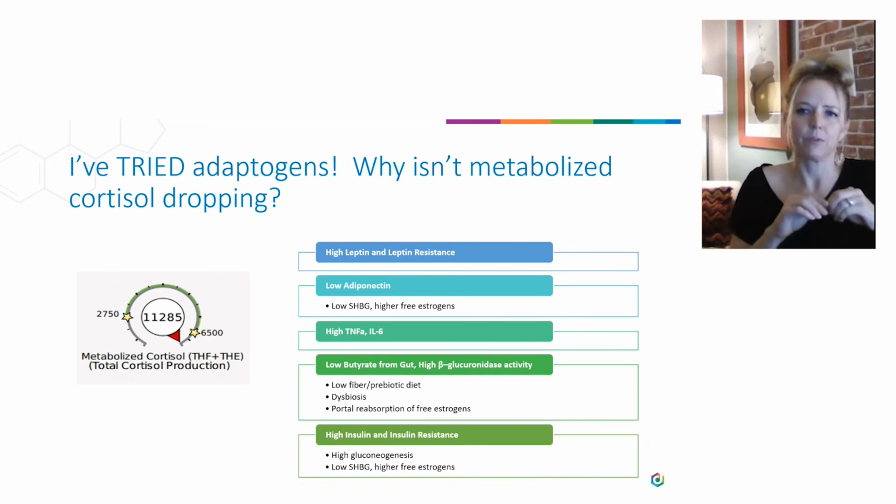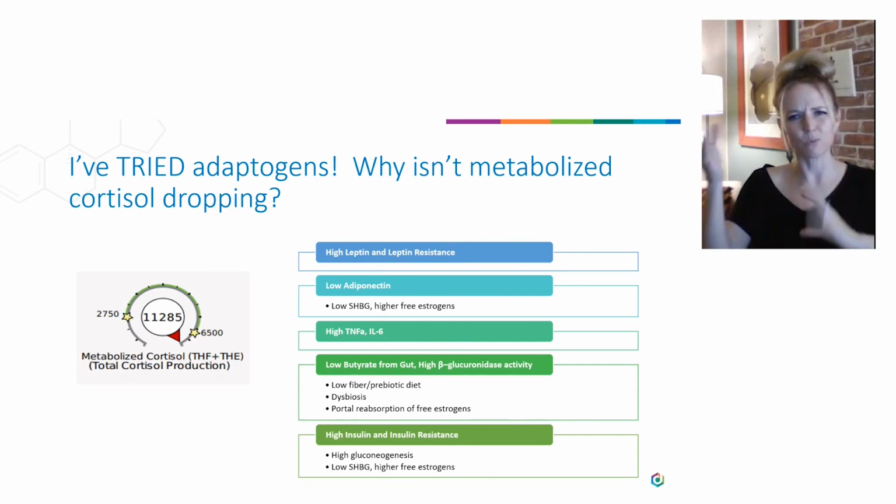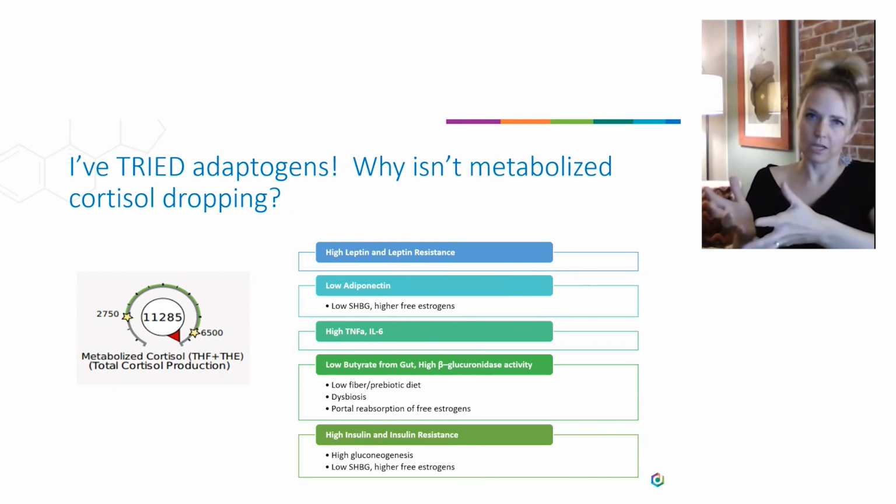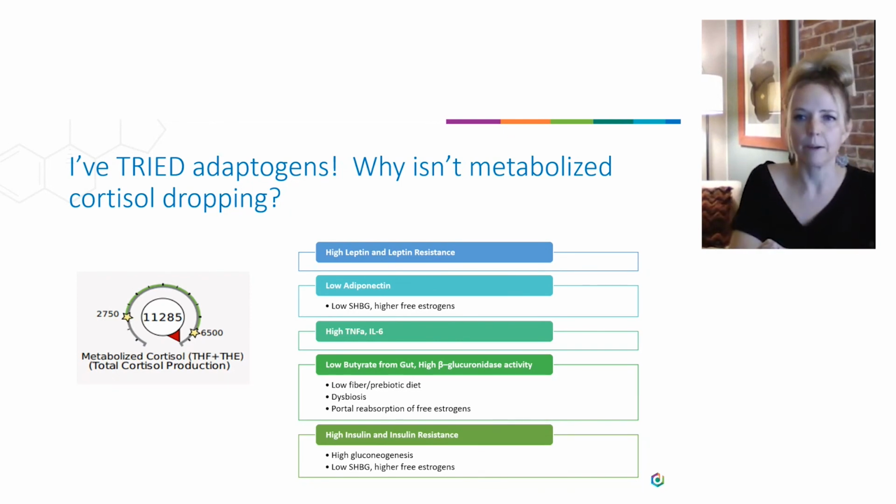But the 11 beta HSD1 enzyme hijacks that whole system, and the brain doesn't really know how much cortisol is accumulated there in that tissue. So I think this is why adaptogens alone don't always do the trick. So we have to fix all of these things. That's a big job first. Okay.